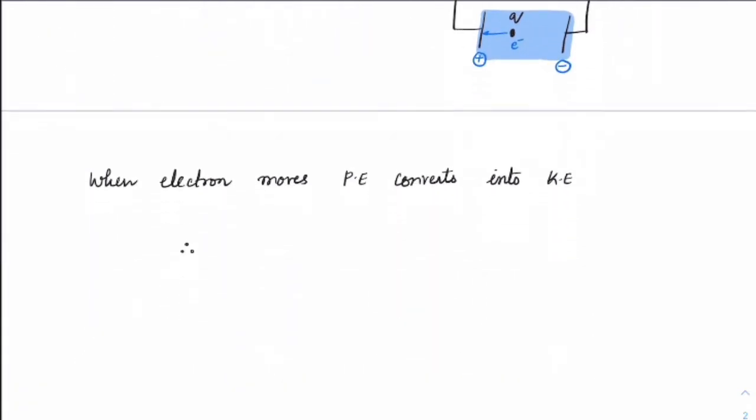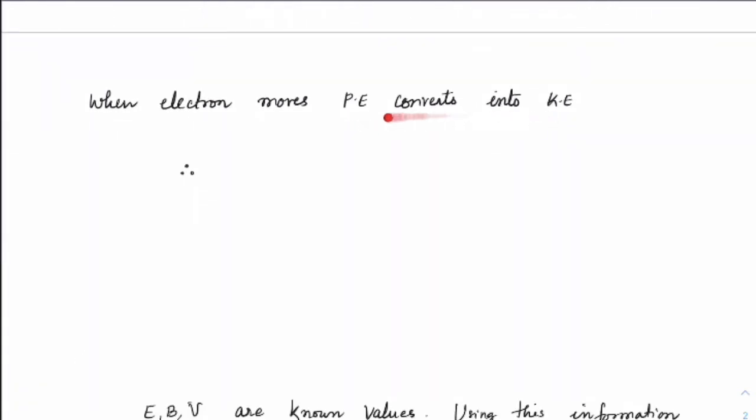So that's what we can write down. When the electron moves, the entire potential energy which it has will be converted into kinetic energy. So I can write potential energy is equal to kinetic energy, which implies qV is equal to half m_e v_e squared, where v is this velocity and this capital V is the potential difference or voltage difference.